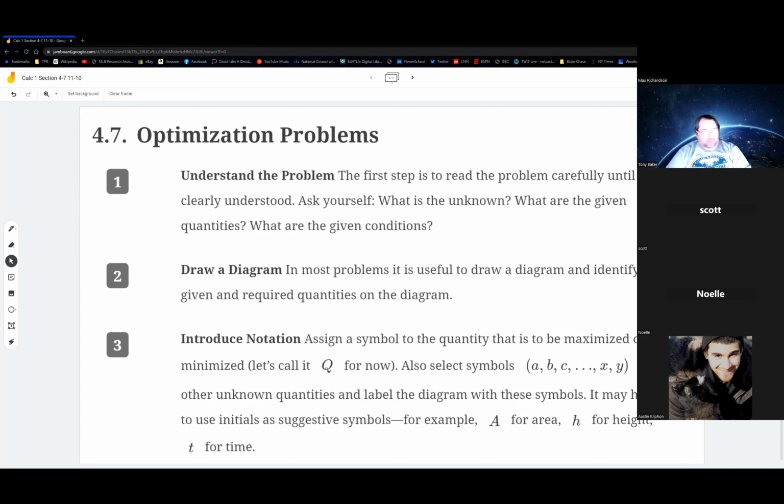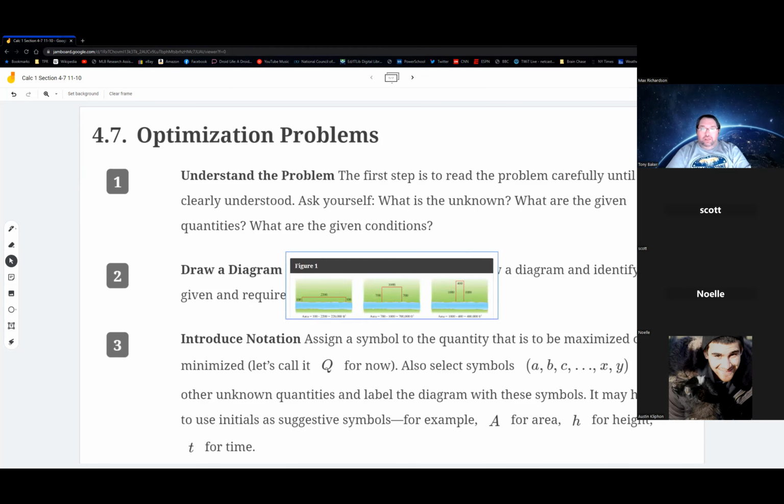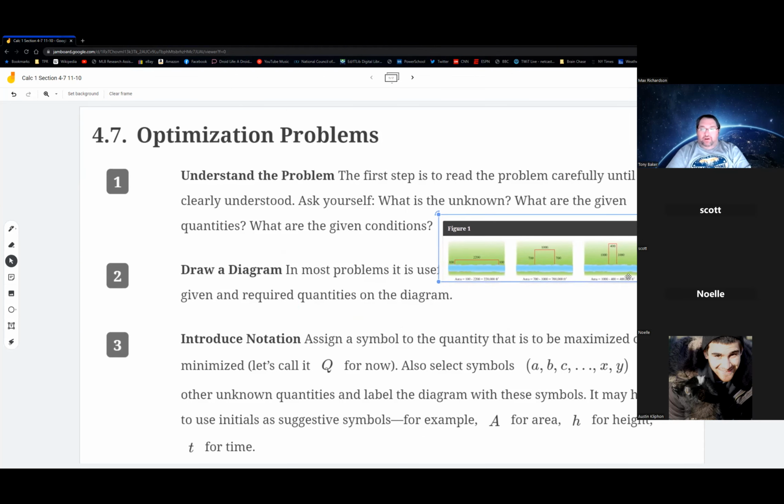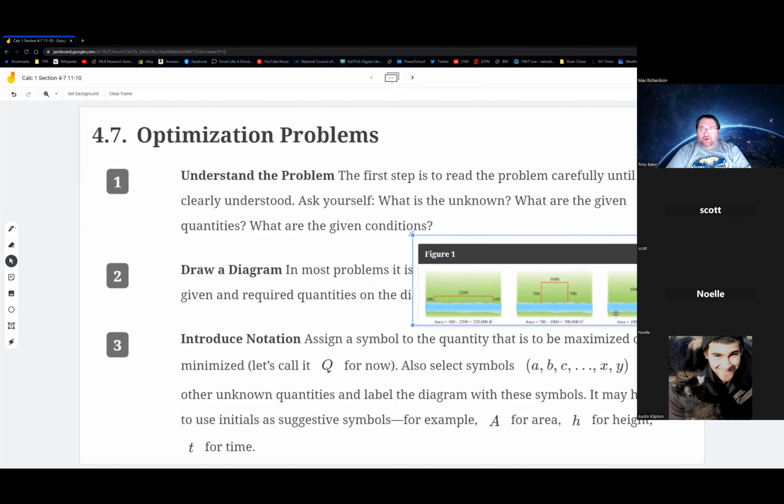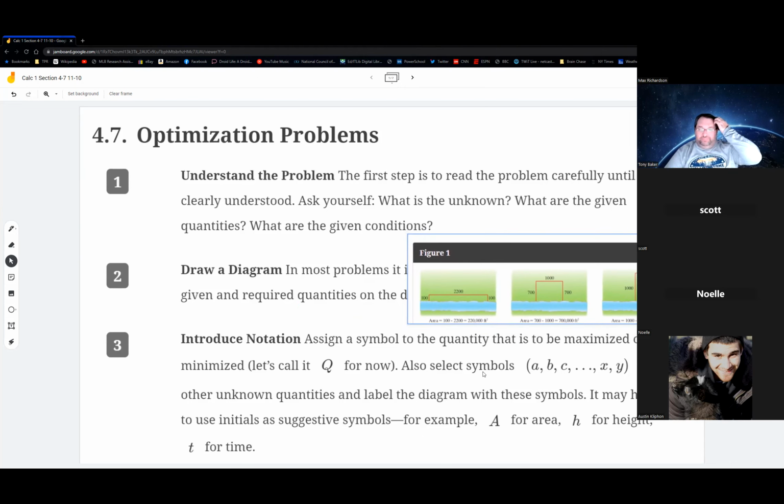So one of the problems that we're going to look at, like this would be a great example of a diagram. Just drawing it out, putting some numbers on there, trying to figure out what you're looking for. Whenever you're looking at a word problem, that's always very helpful.